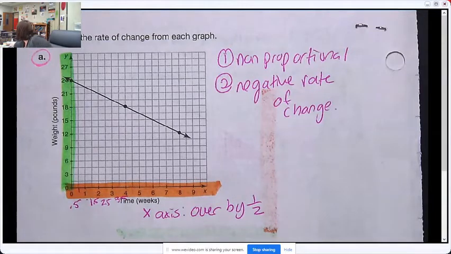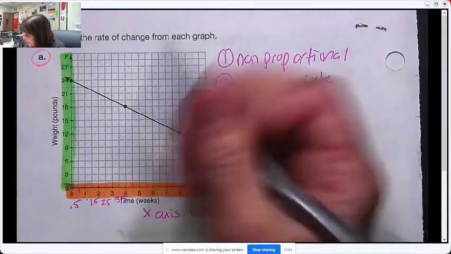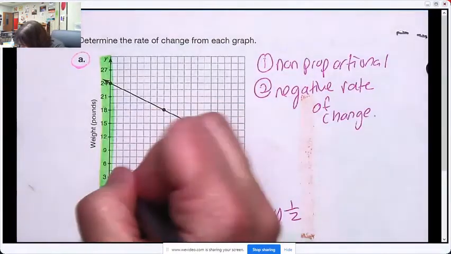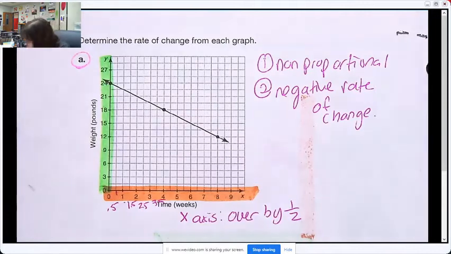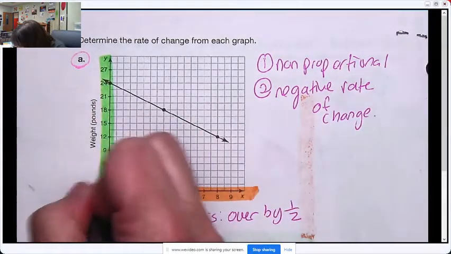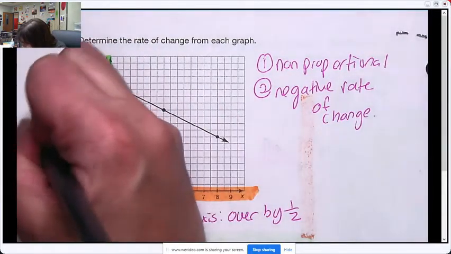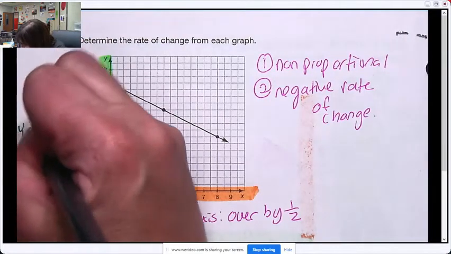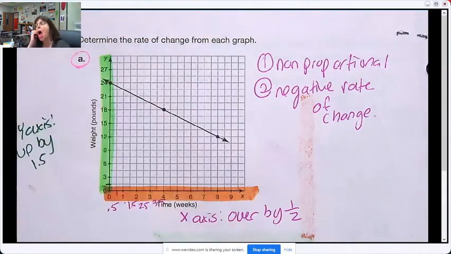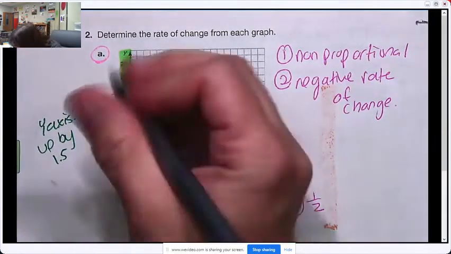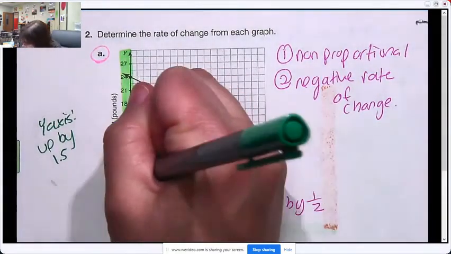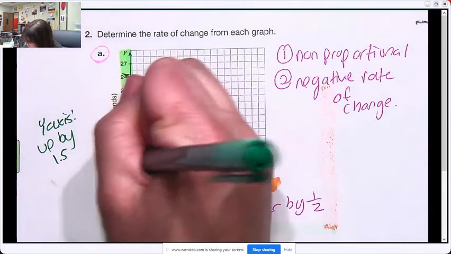What's happening there? Okay, so I can come up and I can see that there's a break between 0 and 3. So that means it would be 3 over 2, or the y-axis is up by 1.5. Okay? That's important. So 1.5, 3, 4.5, just so we got it.